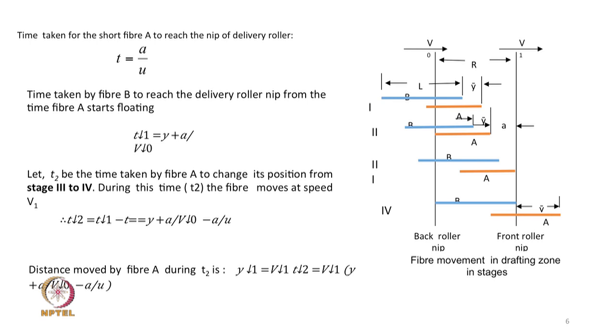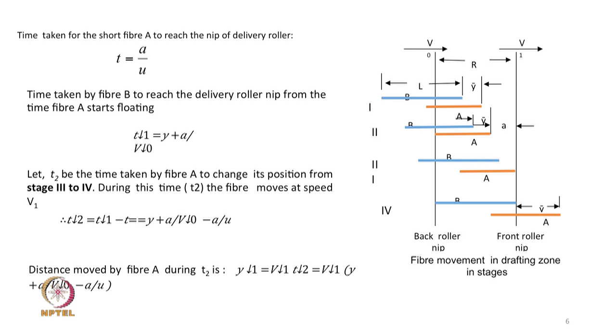Therefore, t2, which is t1 minus t, is equal to (y bar plus a) by v0 minus a by u, if we put the value of t1 here. So we get t2 as shown in the equation.